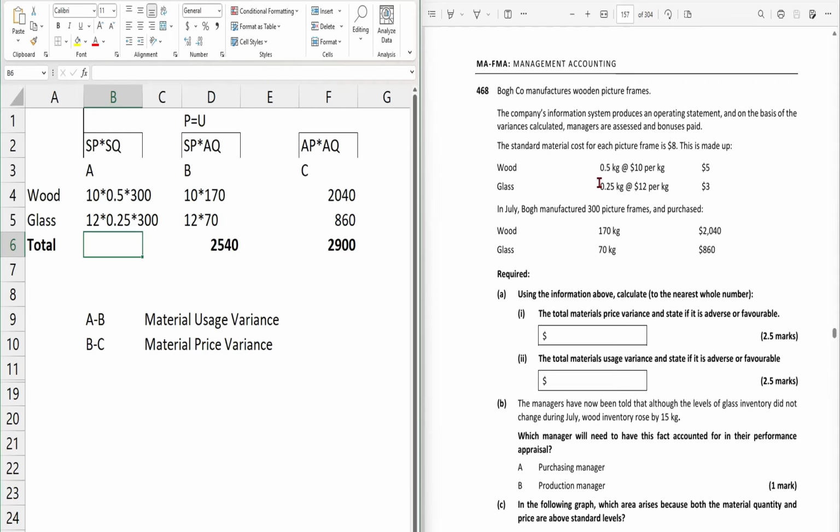So the standard quantity is 0.5 kg and then multiply it by 300. That means for 1 unit we need 0.5 kg, so for 300, how much will be the standard quantity? Okay, so this is the way you can do it, or directly use 5 into 300 or 3 into 300, or you can just take 8 and multiply it by 300. Everything is the same. So I hope you guys are clear now on when to use which figure. Okay.